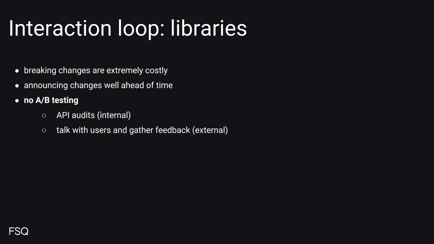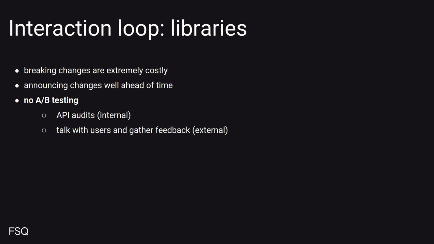And this makes it really difficult to make quick, efficient iterations when maintaining libraries, because you can't make small choices and then test them out quickly. You really need to put a lot of thinking ahead of time. How we at Foursquare are dealing with this is we are creating API audits where we internally discuss the possible API changes ahead of time and try to estimate what kind of costs there might be.